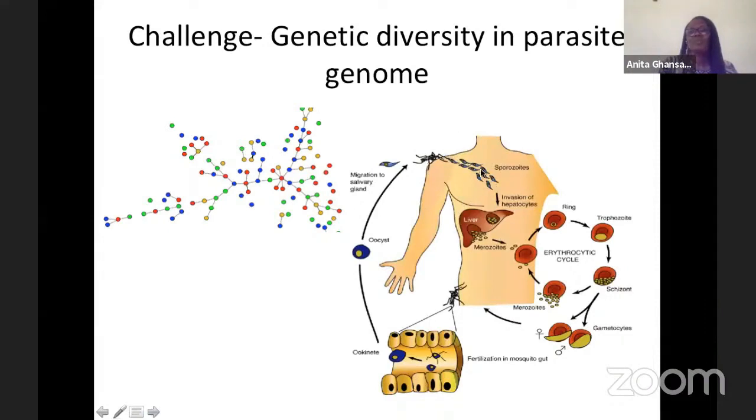Even moving from the peripheral blood to the liver stage, it has to surmount the host immune system, and then the red blood cell when the liver stage invades the red blood cell. So it does this with very extensive genetic diversity. It diversifies at various stages, and this makes the whole process very complex in controlling or eliminating the parasite.